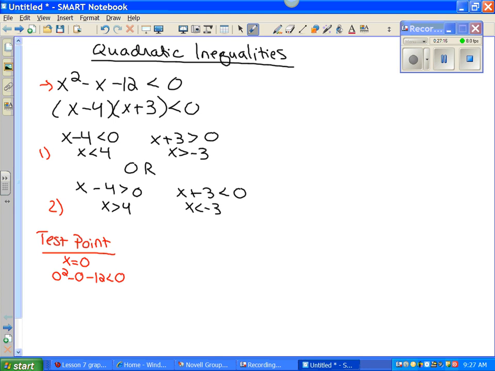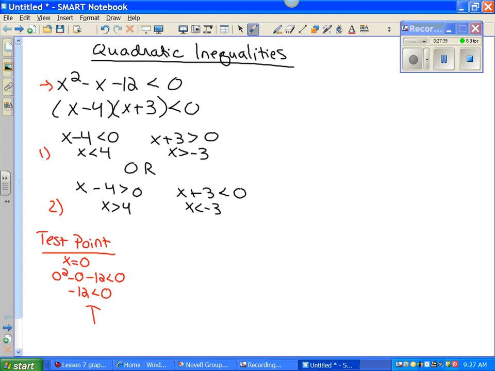All I did was plug in 0 for x. So what's 0 minus 0 minus 12? Negative 12. We agree? Is negative 12 less than 0? Yeah, absolutely. So that's a true statement.